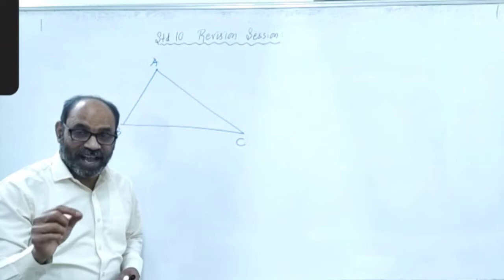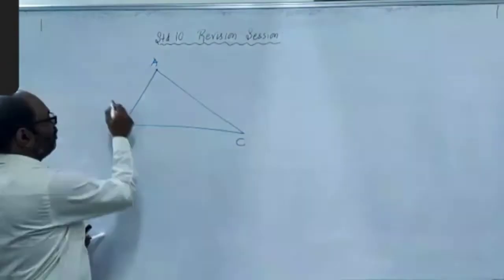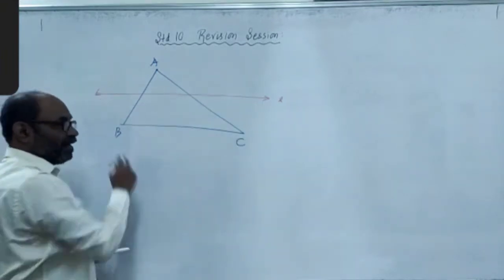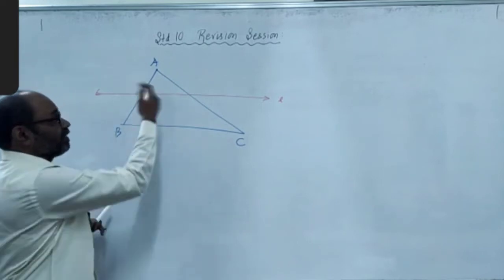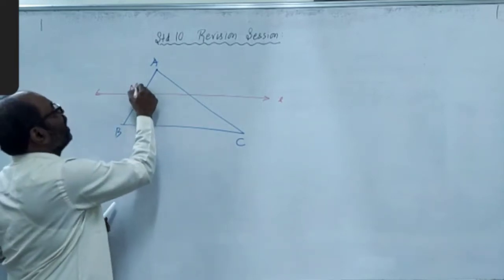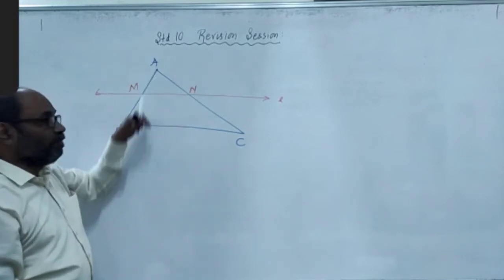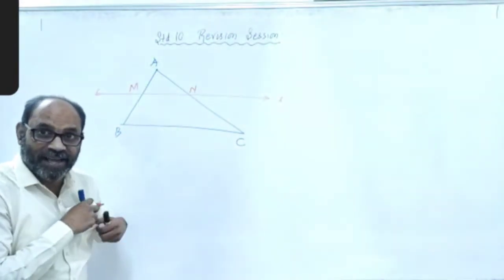To one of the sides there is a line L parallel, which is parallel to BC, and it intersects the other two sides. Let's say L intersects AB in M and L intersects AC in N.